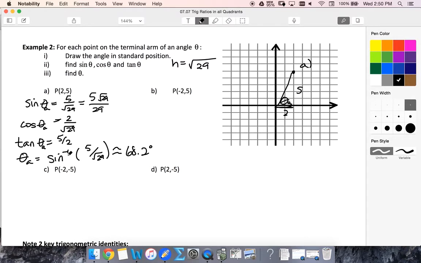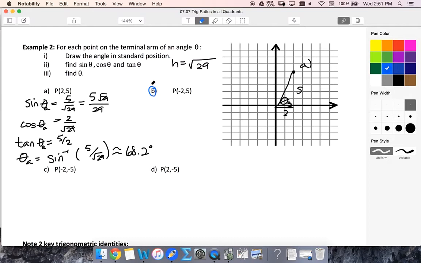Right. So because all of these are 2, 5, but in different quadrants, this theta A is going to become my reference angle. I'm going to show you what I mean. So I'm going to switch over to blue for problem B. And now I'm going to draw a negative 2, 5. So negative 2, 5 is here.